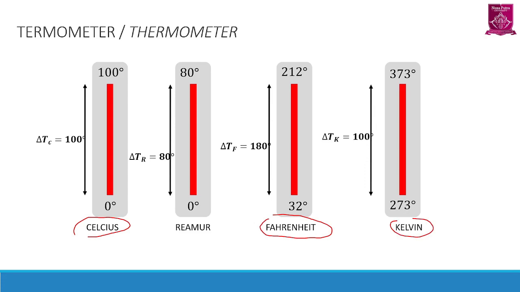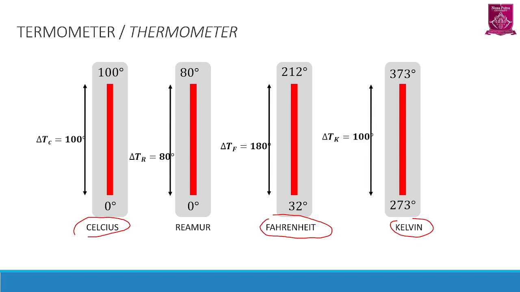With these units, we can convert from Celsius to Fahrenheit, or Celsius to Reaumur, or Celsius to Kelvin, or the opposite, from Fahrenheit to Reaumur. How to convert these units of thermometers?